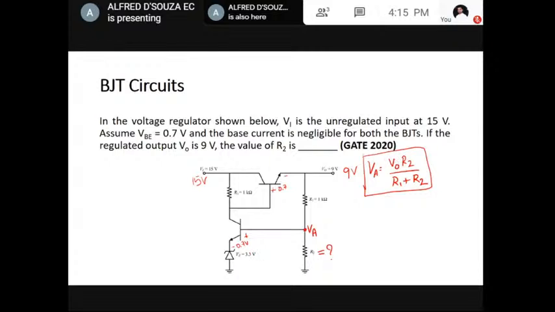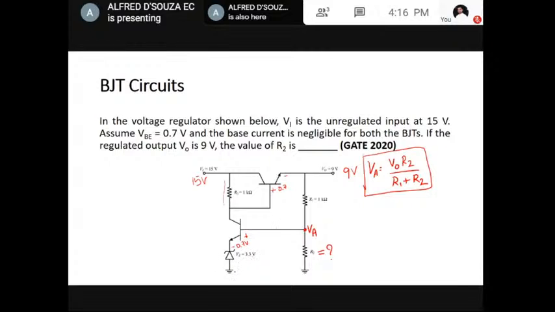Please observe that a reverse biased Zener diode is always used as a constant voltage reference source in a voltage regulator. This is 15 volt, sufficiently larger than the 3.3 volt that is required to push this zener to the breakdown region.